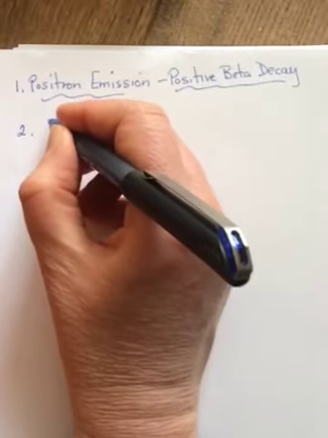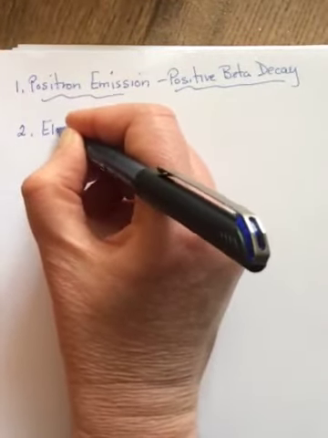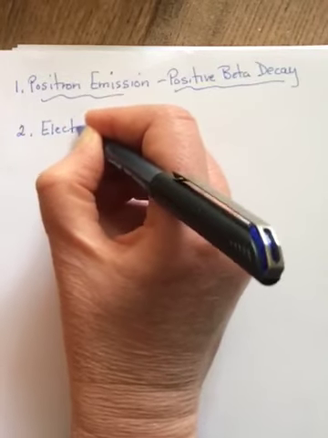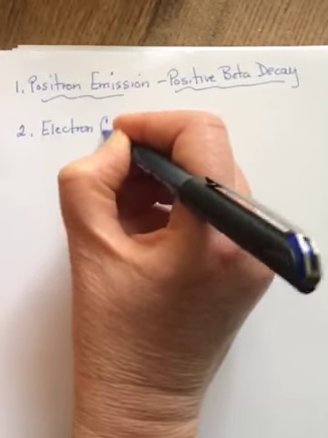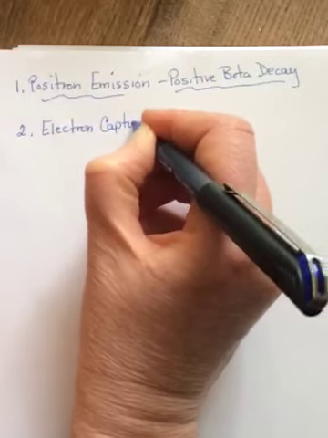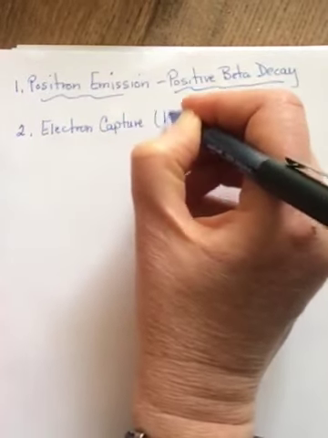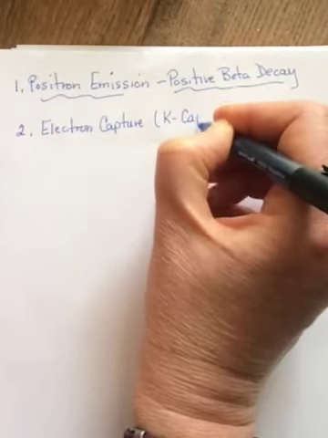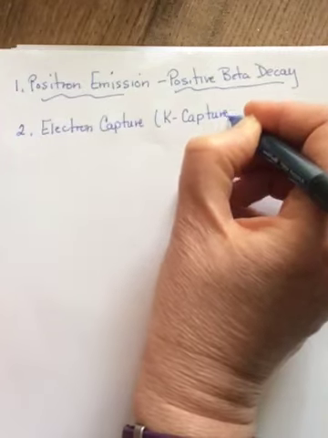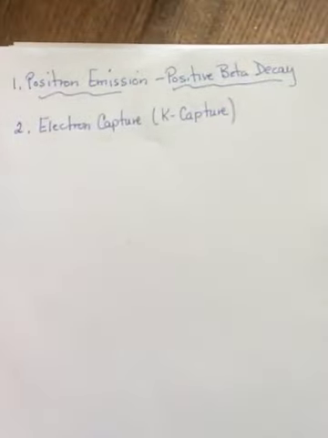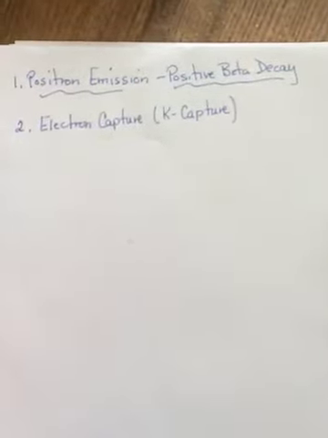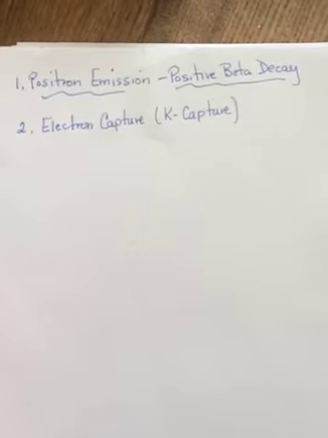Okay, the next type of artificial transmutation is called electron capture, or K capture. So again, this comes about as a result of us running an experiment that creates a nucleus that's unstable.